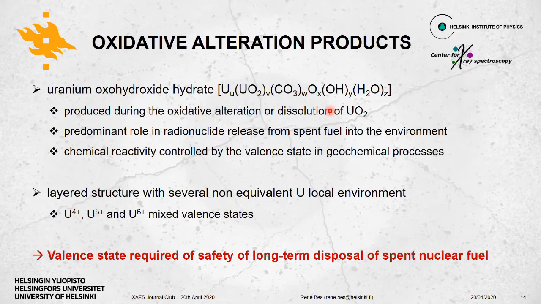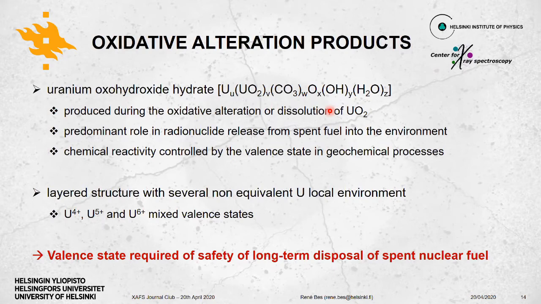This type of compound can play a predominant role in the radionuclide release from spent fuel into the environment during the long-term disposal. And the chemical reactivity of uranium dioxide is mainly controlled by the valence states of uranium in these intermediate compounds or products of the alteration, and it's generally the case in every geochemical process.